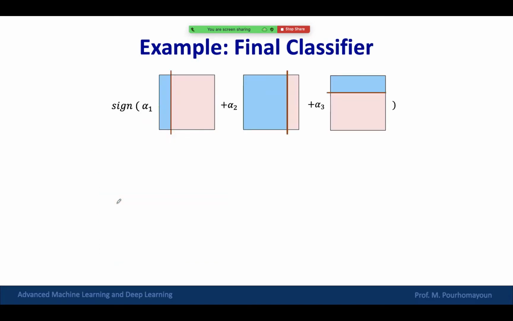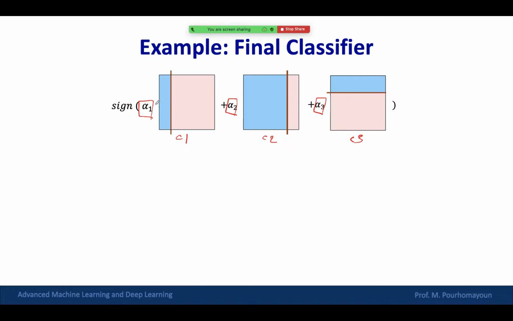So I had these three classifiers: classifier 1, classifier 2, classifier 3, and then I give them some weights based on their accuracy.